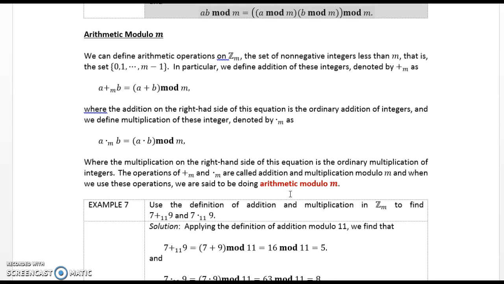Arithmetic modulo m. We can define operations on Z subscript m, the set of non-negative integers less than m, that is, the set 0 through m minus 1. In particular, we define the addition of these integers, denoted by plus subscript m, as a plus subscript m b is equal to the sum a plus b modulo m, where the addition on the right-hand side of this equation is the ordinary addition of integers.